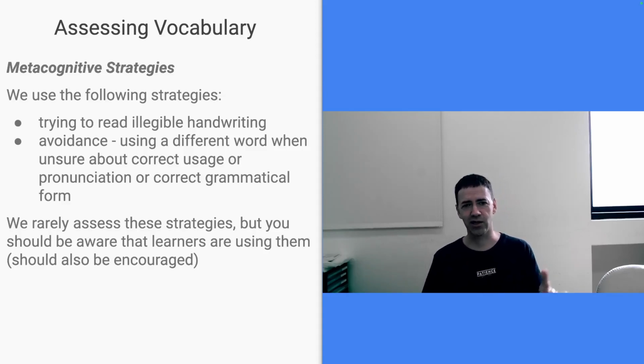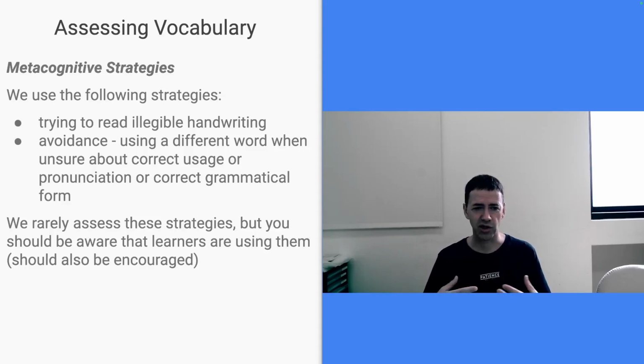Or in the case of maybe some of you, switch to Chinese, or you use other strategies like circumlocution, something like that. Okay, but we hardly ever assess metacognitive strategies when we're talking about vocabulary, but you should be aware that learners are using them and they should also be encouraged to do so.